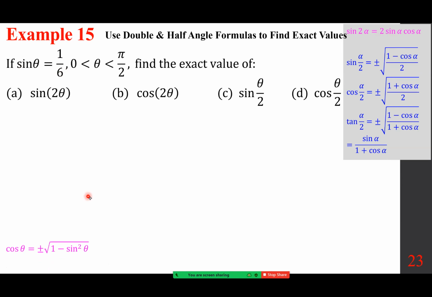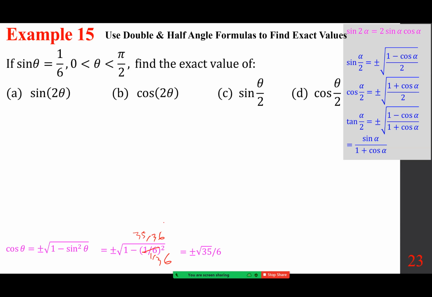And we are plugging in. I'm going over this pretty fast because it should be very straightforward. 1/6 squared is 1/36, and 1 minus that is 35/36. And we get plus or minus the square root of 35 over 6.